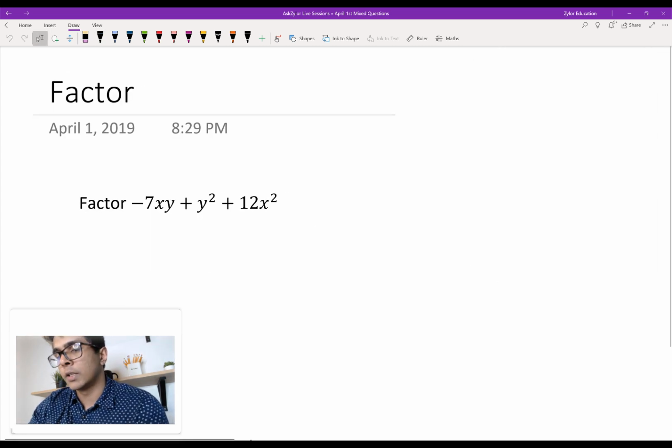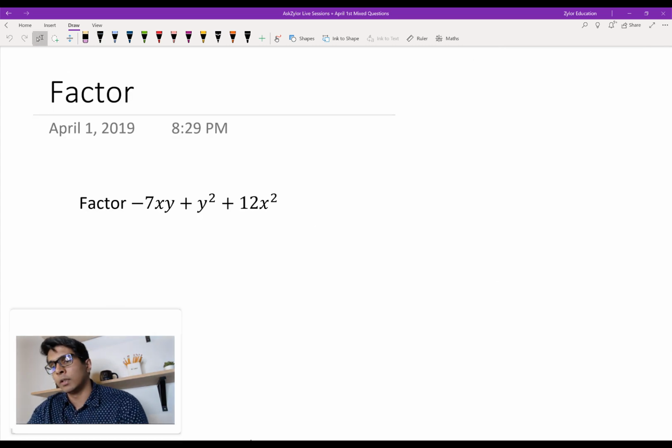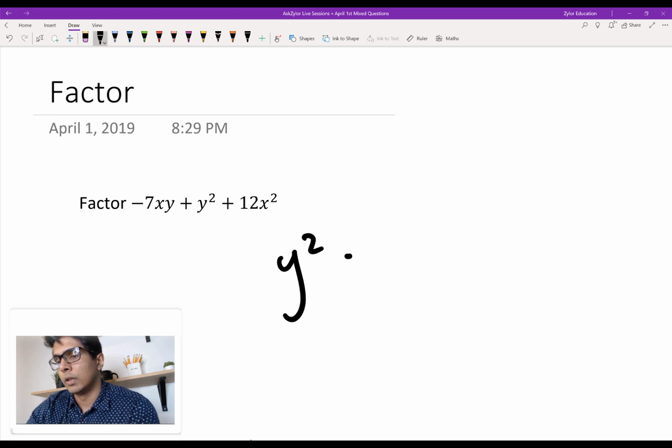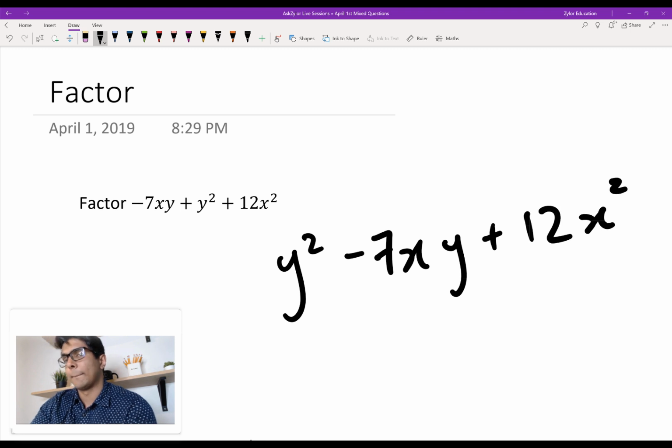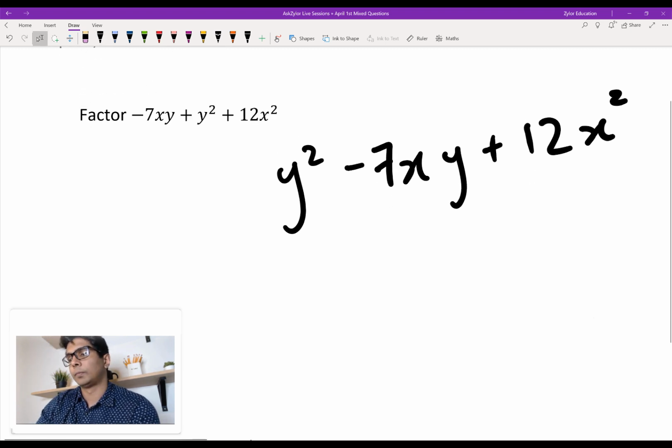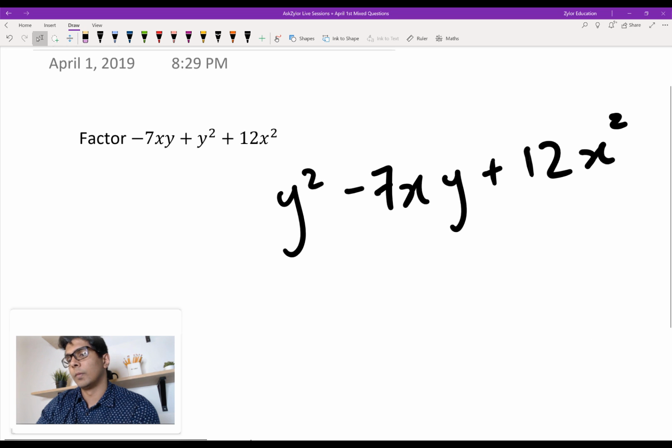So the next question sent in is telling us to factor this. So first I'm going to rearrange this equation to give me y squared minus 7xy plus 12x squared. Right.